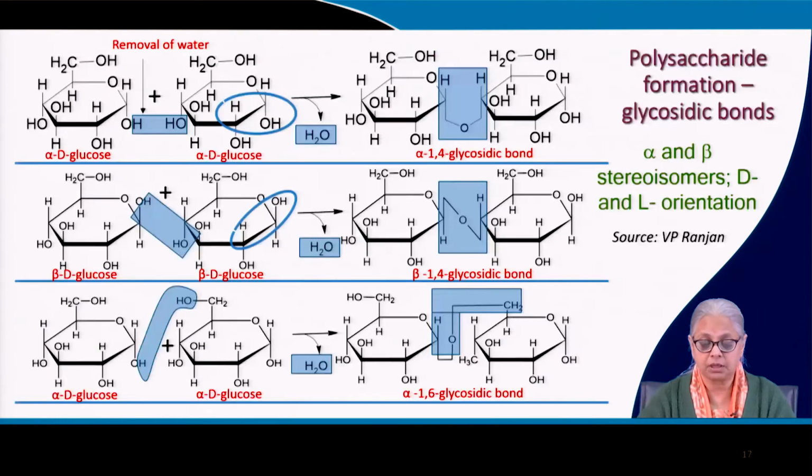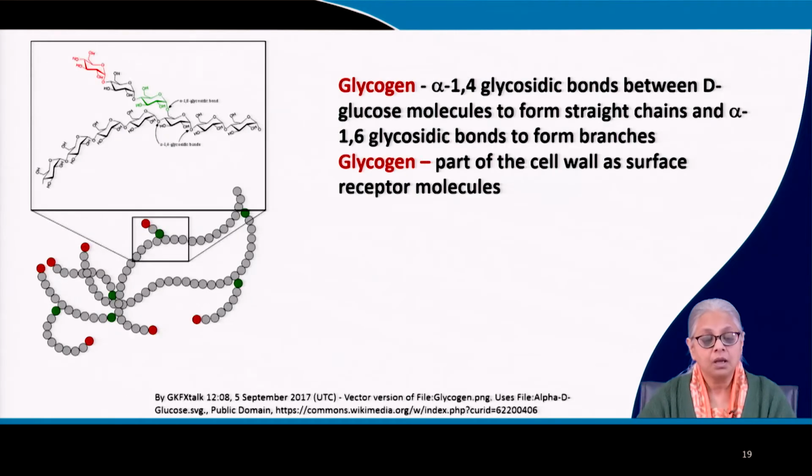So I'll just show you this point, that this beta 1,4 glycosidic bond is harder to break compared to the alpha 1,4 glycosidic bond. And then we come to glycogen. Glycogen has a mix of alpha 1,4 glycosidic bonds and alpha 1,6 glycosidic bonds.